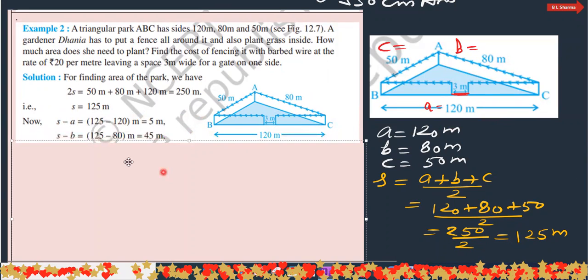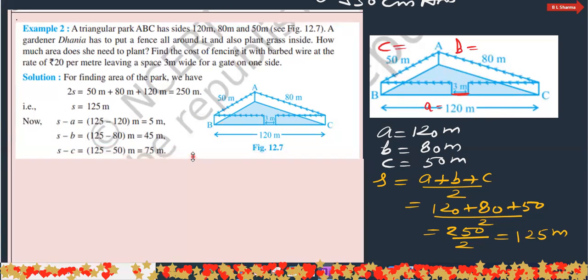Then s minus b, s is 125, b is 80, that is 125 minus 80, that is 45 meter. Then we need s minus c. S is again 125 and c is 50, so s minus c is 125 minus 50, that is 75 meter.